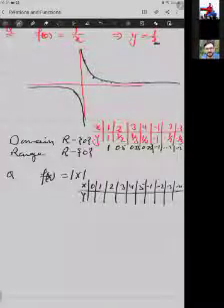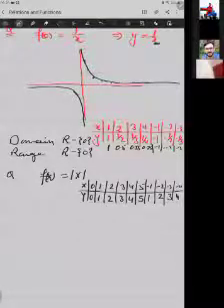Now, when we take 0, it gives us value 0. When 1, it will be 1, 2 then 2, 3 then 3, 4 then 4, 5 then 5. But the absolute value of minus 1 will be 1, minus 2 will be 2, minus 3 will be 3, minus 4 will be 4.